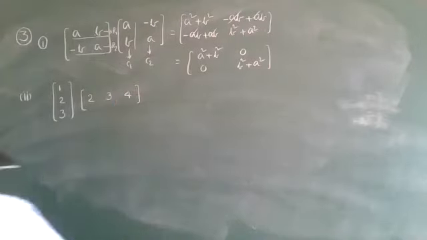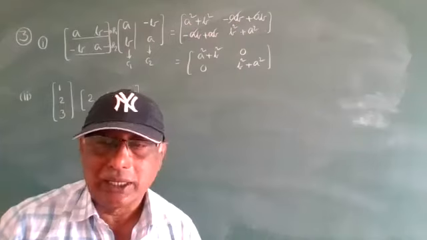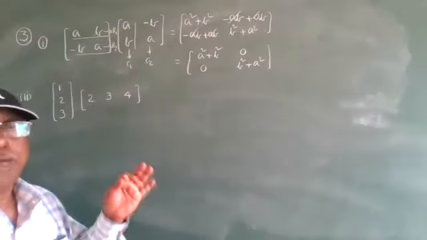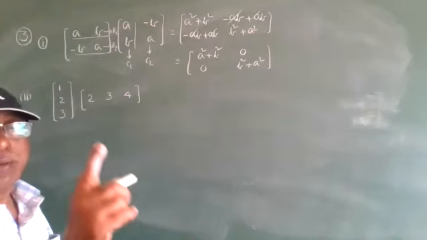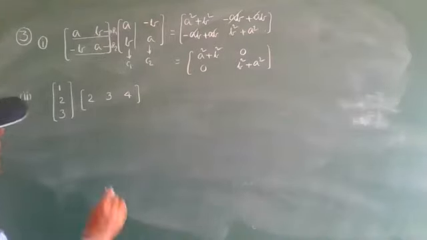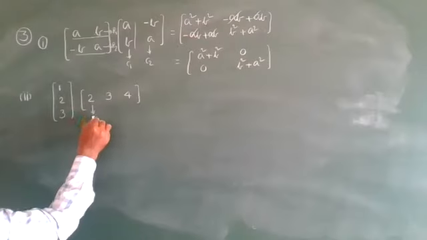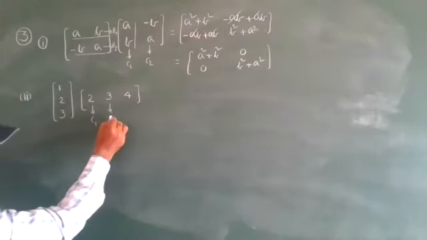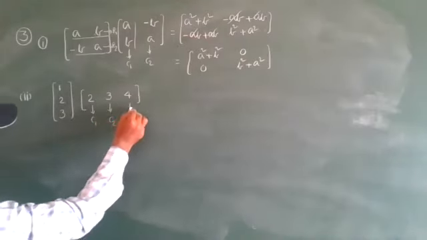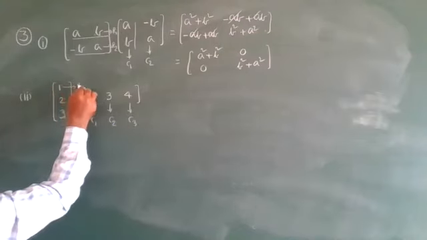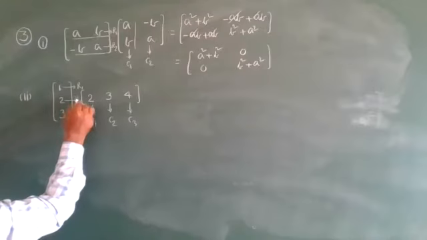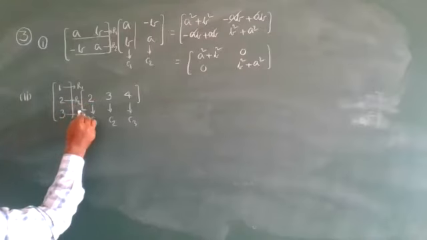Already I told you, in a column matrix every element is a row, and in a row matrix every element is a column. So this is the first column, second column, third column. This is the first row, second row, third row.